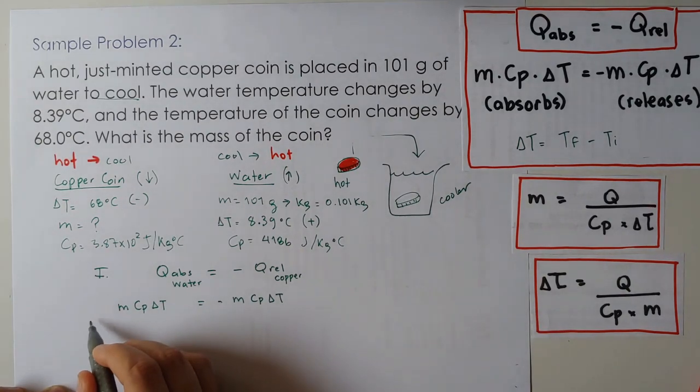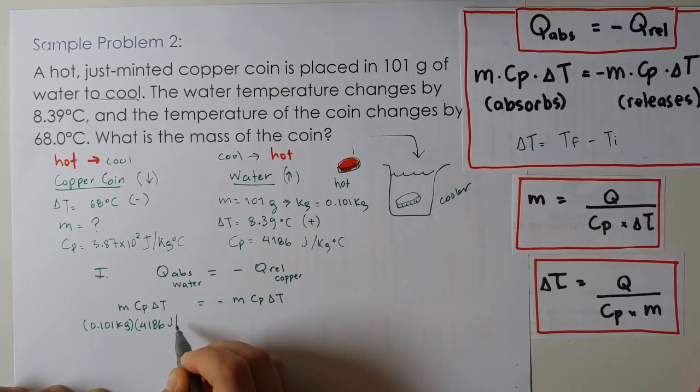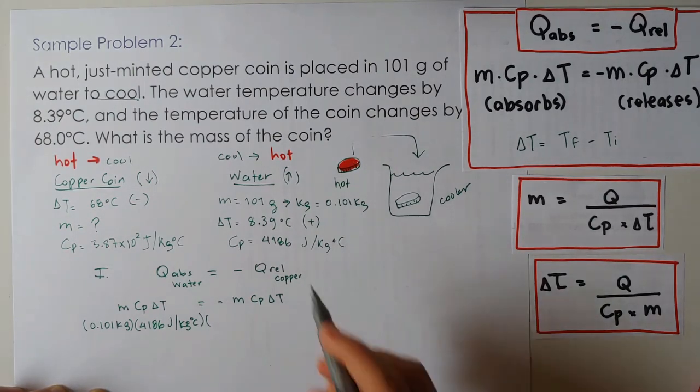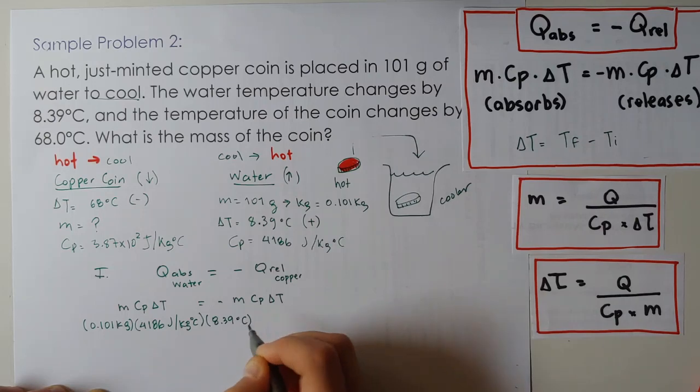My water mass is 0.101 kilograms. Cp is 4186 joules over kilogram Celsius. And delta T, the change of water, is positive 8.39 degrees Celsius.